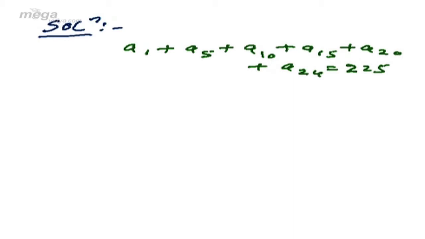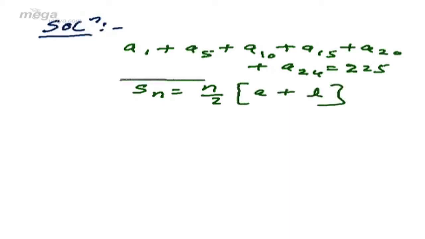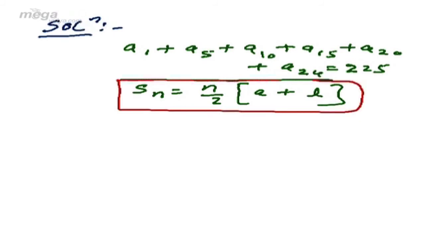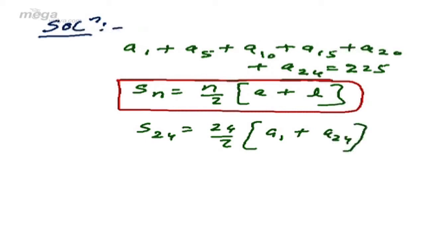You know already, Sn is equal to n by 2 times first term plus last term. This is the formula to find the sum of n terms. But if we have to find the sum of the first 24 terms, S24 is equal to 24 by 2. The first term is A1 and the last term is A24. It means S24 is equal to 12 into A1 plus A24.